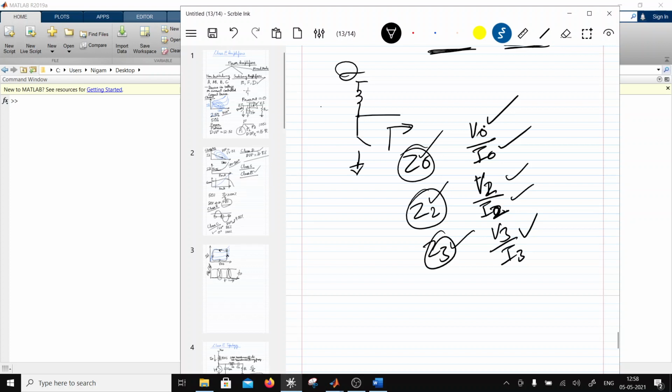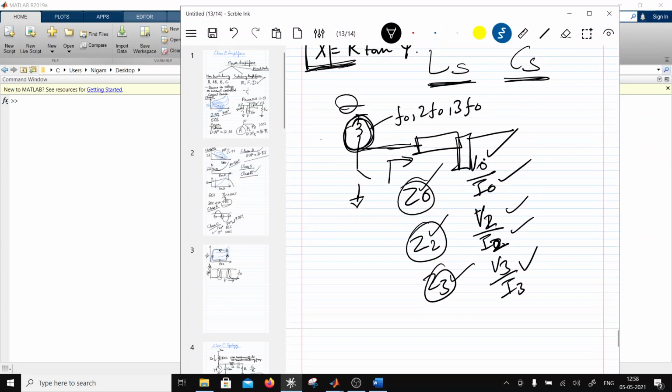So to design a class E, all you have to do is create an open circuit at fundamental, second harmonic, third harmonic, and then you put in here a stub, right? So you can generate a matching network here where you can generate a certain fundamental, second harmonic and third harmonic, and then you will be able to get the same class E response.